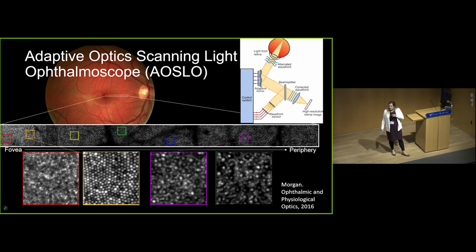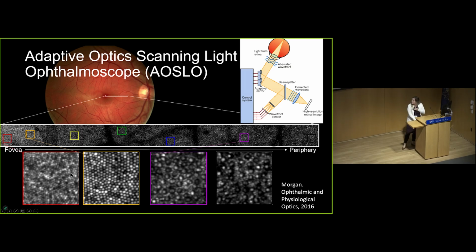And so my lab uses a technique called adaptive optics, where we first measure the eye's aberrations and then correct them with a deformable mirror. And that allows us then to acquire a high-resolution image, so much so that we can now visualize individual cells in the living retina.